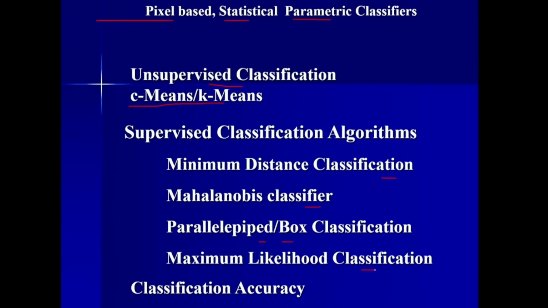That means you want to map forest area, water bodies, built-up area, agricultural land with crop, without crop, the waste barren lands and so forth. If you want to map these different classes and generate the thematic map, you have to go for the classification approach, and nowadays people are going for digital image classification.